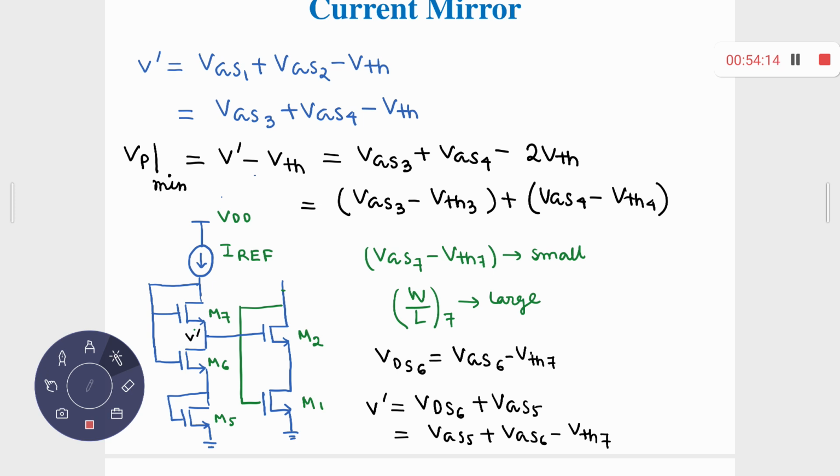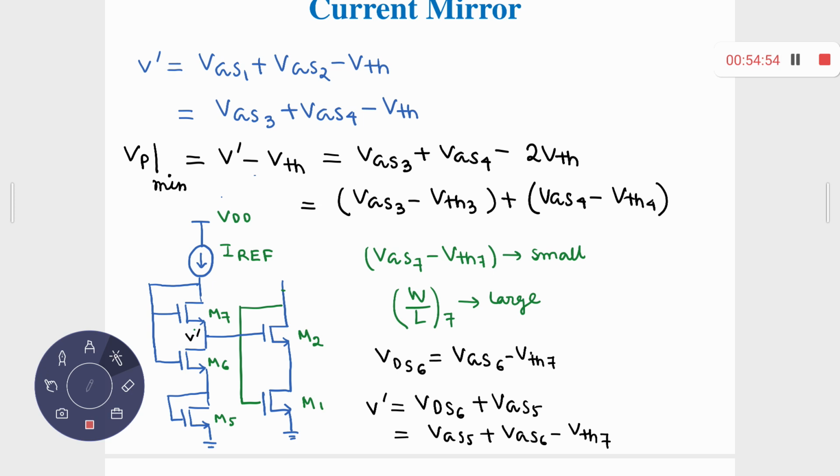But under this condition, what will be your VP minimum? M6 on condition. V dash is the gate potential of M6.